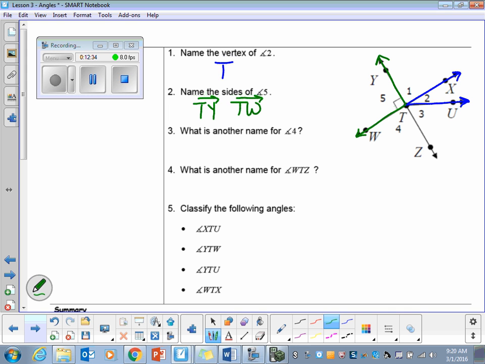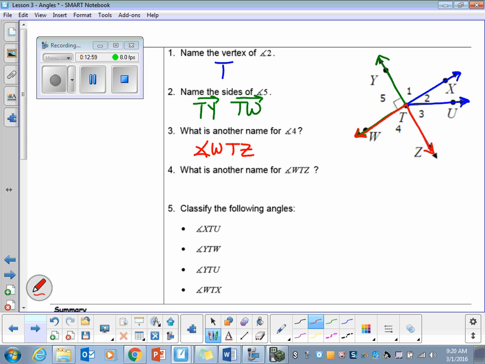What is another name for angle 4? All righty, here's angle 4. Okay, angle 4, the vertex T has to be in the middle, W and Z on either side, and I put those in alphabetical order. What is another name for angle WTZ?